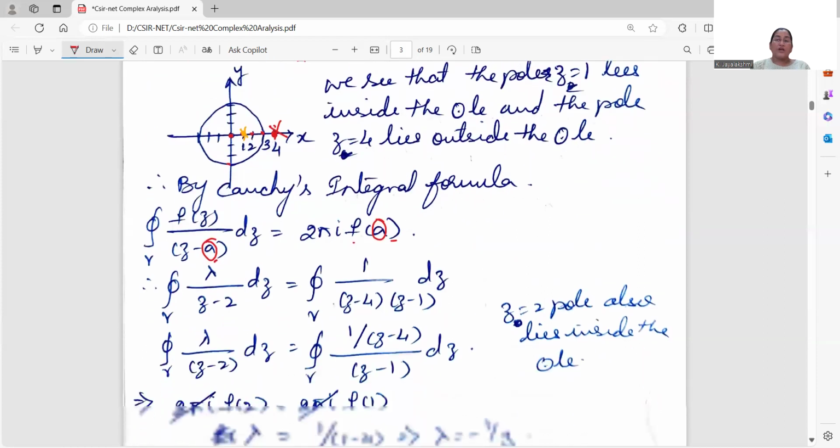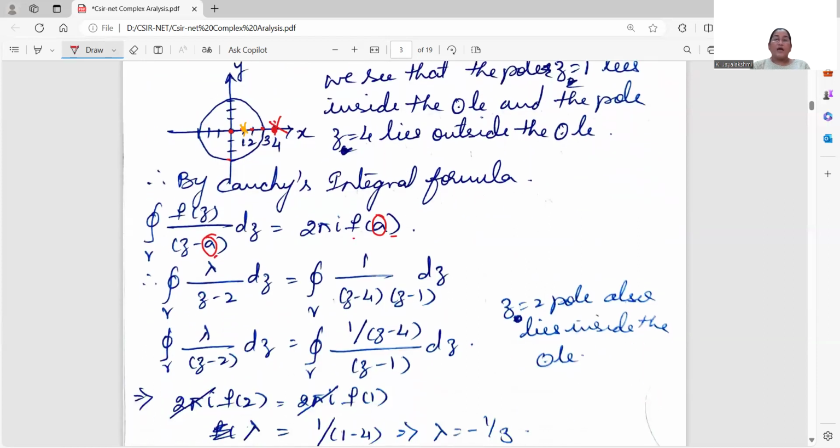Now we have to figure out f(z). Since z equals 4 is outside the circle, we take that whole factor as our f(z), so this becomes the integral over gamma of (1/(z minus 4))/(z minus 1), and since z minus 1 is inside the circle, we take it into the denominator.